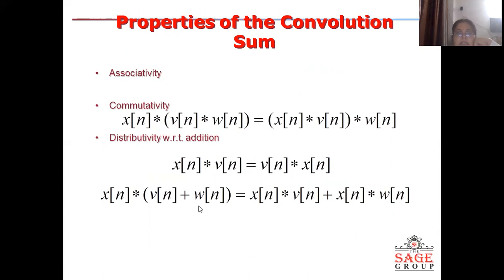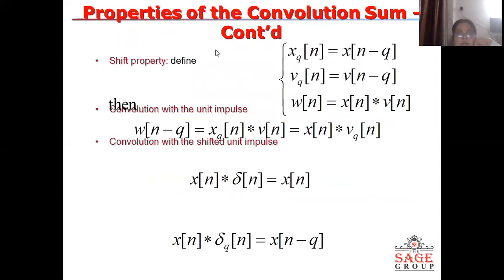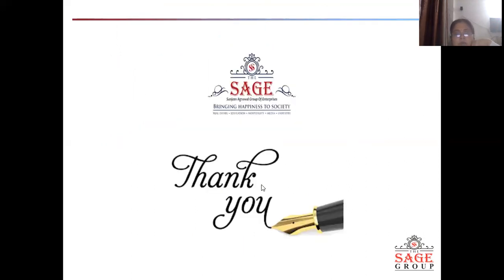And now this is the distributive property with respect to addition. So this is the shift property, convolution with the shifted impulse function. So if x[n] is convolved with delta[n], we'll get x[n], and if we convolve with delta[n - q], we'll get x[n - q]. Thank you. That's all about the convolution.